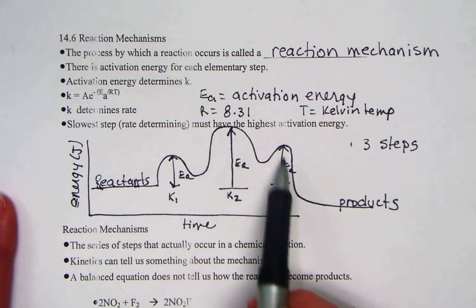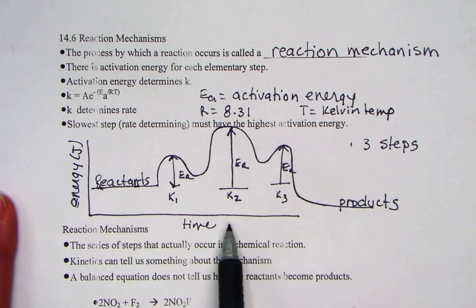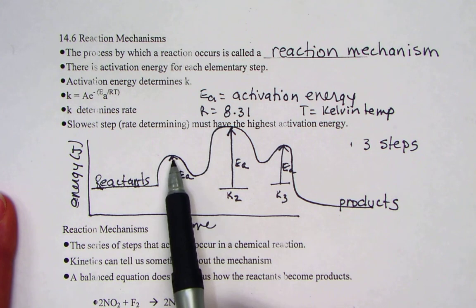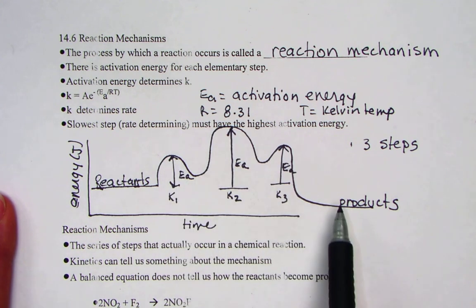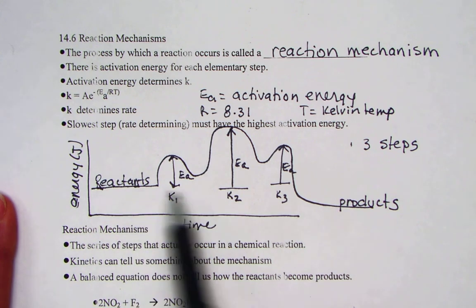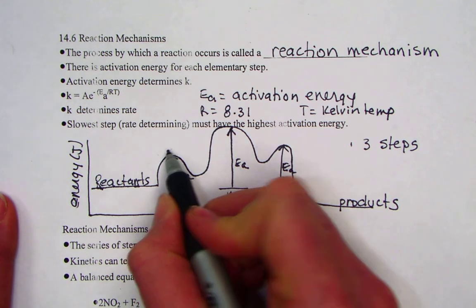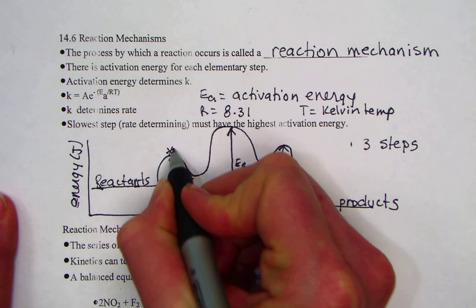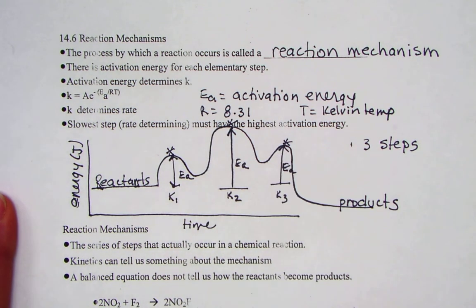When I look at this particular energy graph, reactants form products over time. It looks like it took 1, 2, 3 different collisions, 3 different elementary steps, for the reactants to finally achieve the overall product. Each time we have a collision in an elementary reaction, we produce something known as an intermediate.